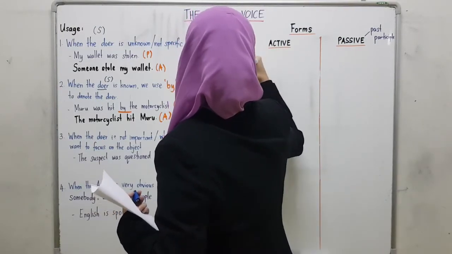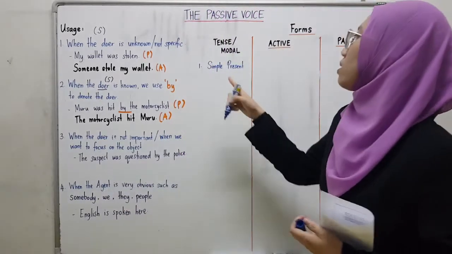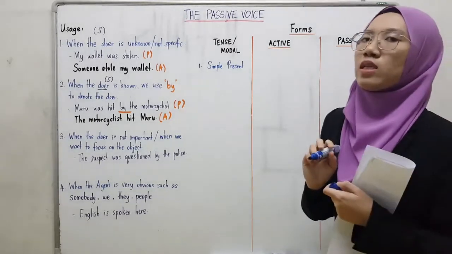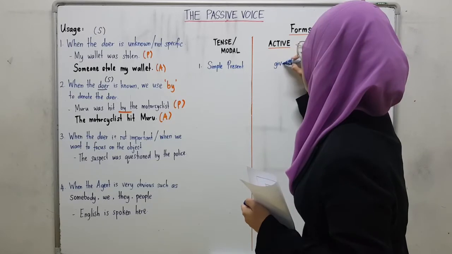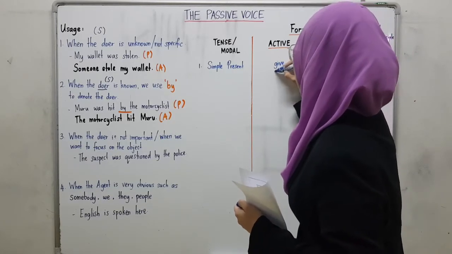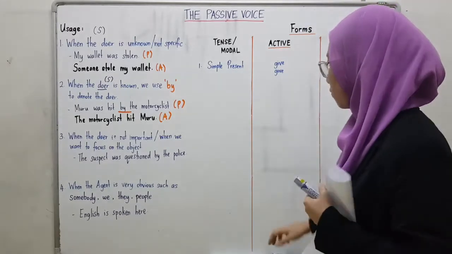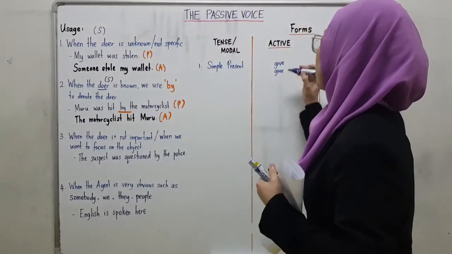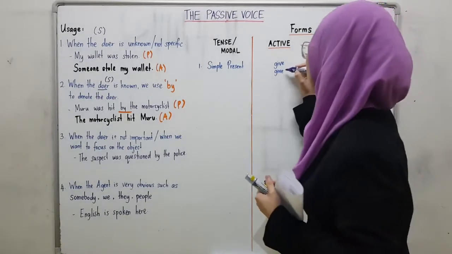So, simple present tense. For example, in the active sentence we use give or gives. Give is for plural and gives is for singular.